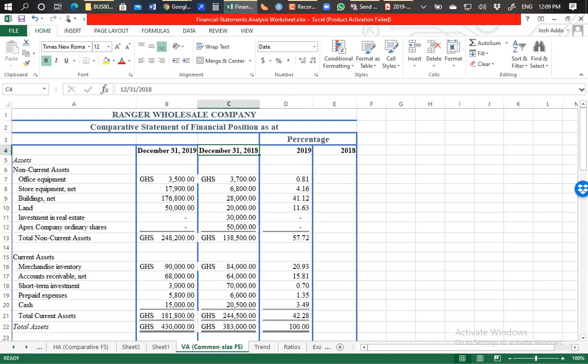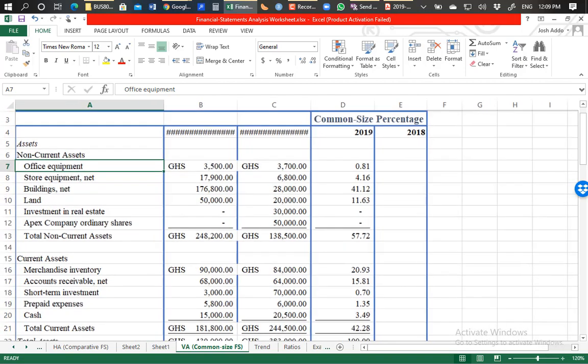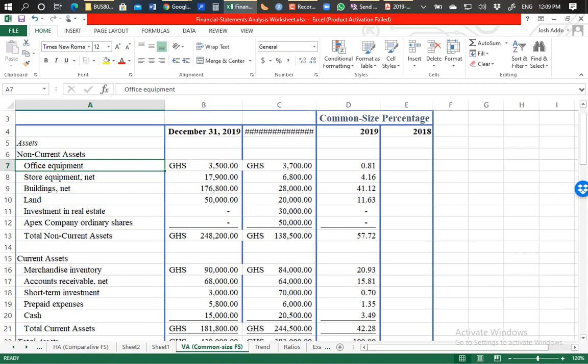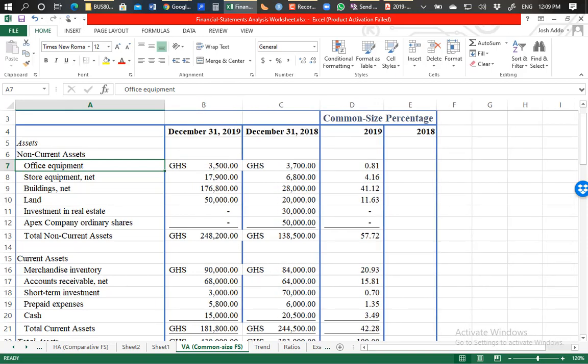All these items, let's say office equipment. Let me zoom in a little. Office equipment, store equipment, buildings, land, whatever.